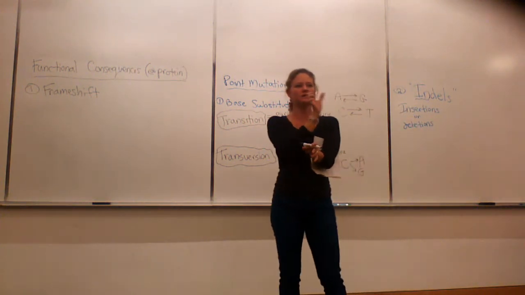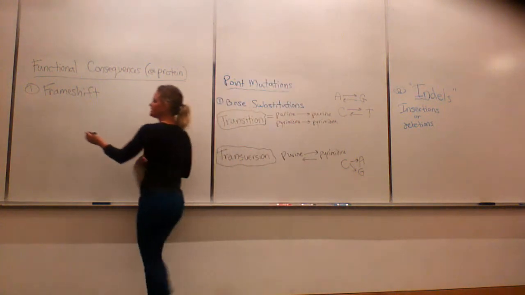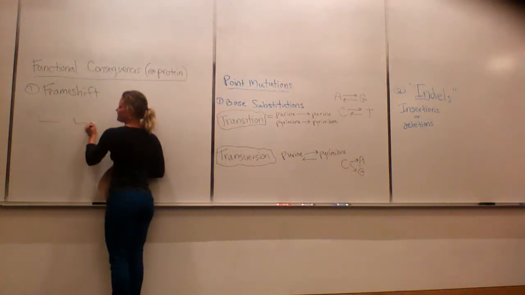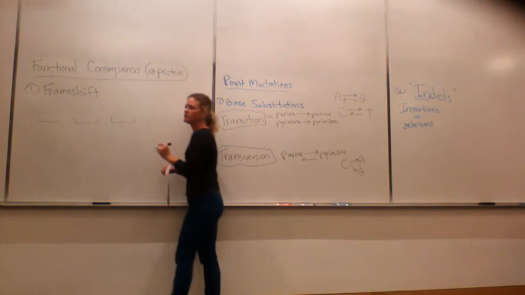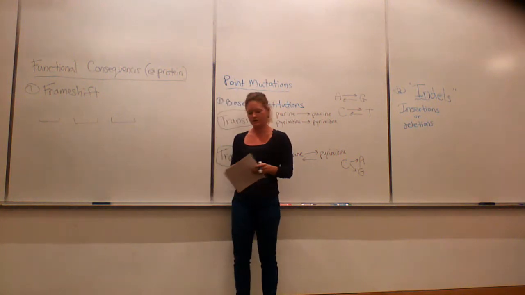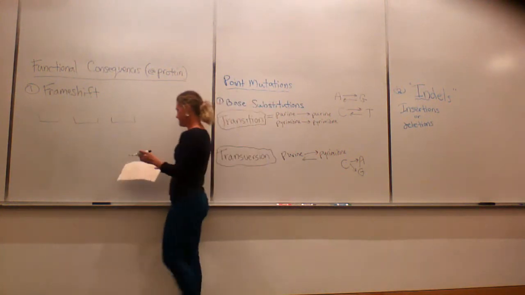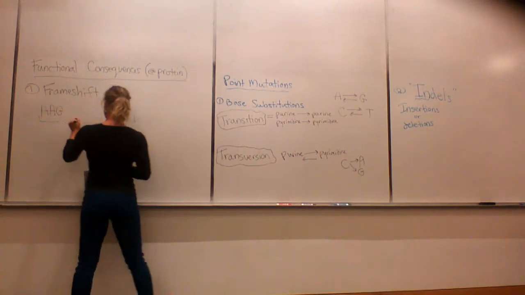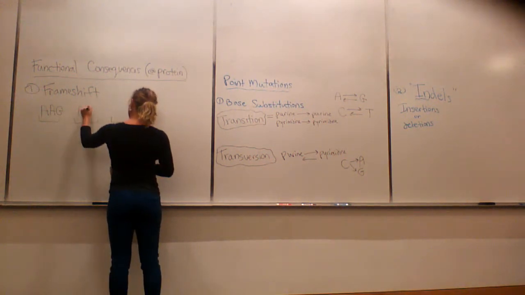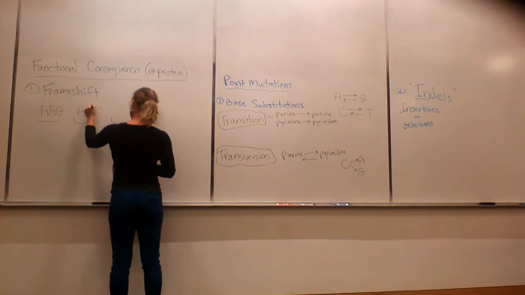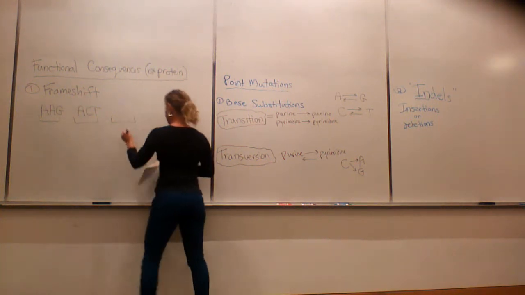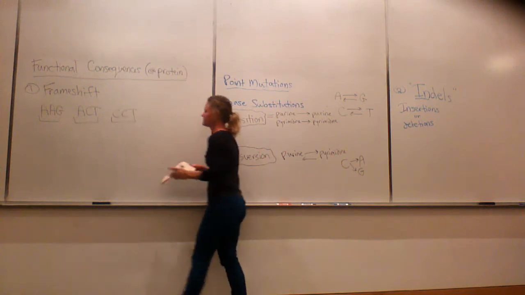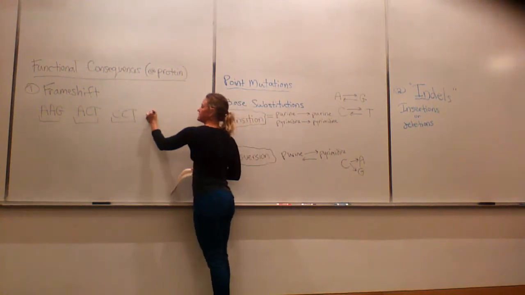If you had to read in these 3-letter chunks, which is how your ribosome is reading off the codons, right? So you could have, I don't know, AGG, ACT. Okay, but this is your normal wild type.